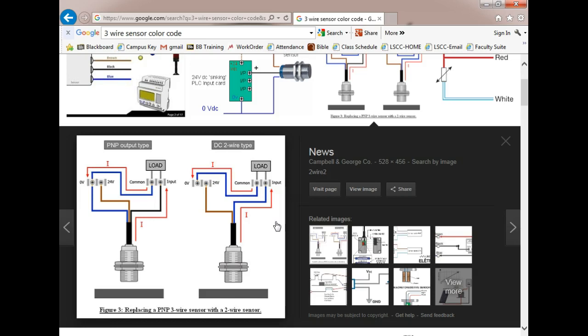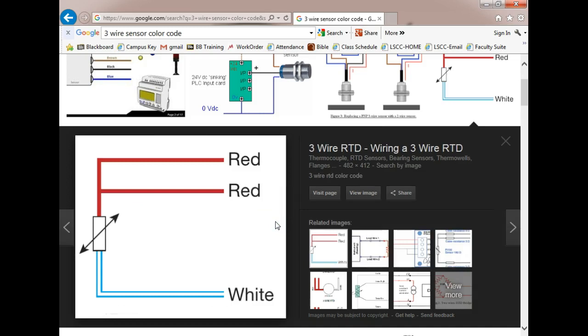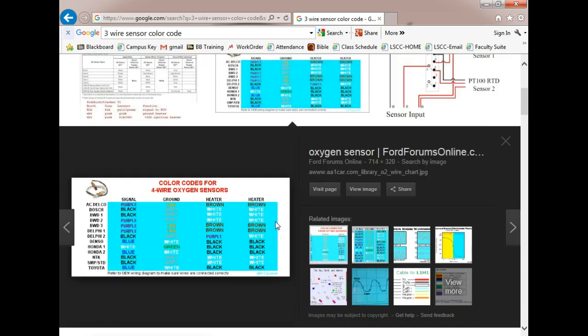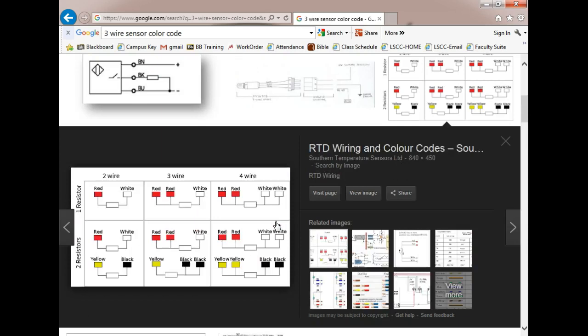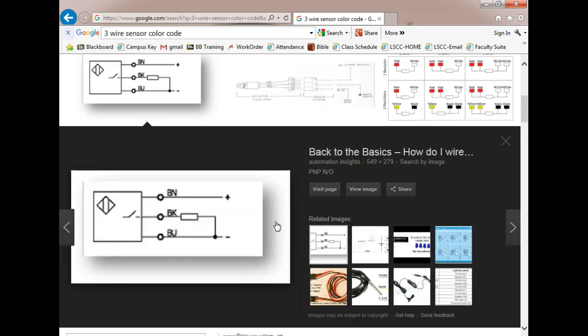That's a 2-wire sensor. That's wired the same. That's not right. That's not right. Okay, this would be a what? So here's my load.